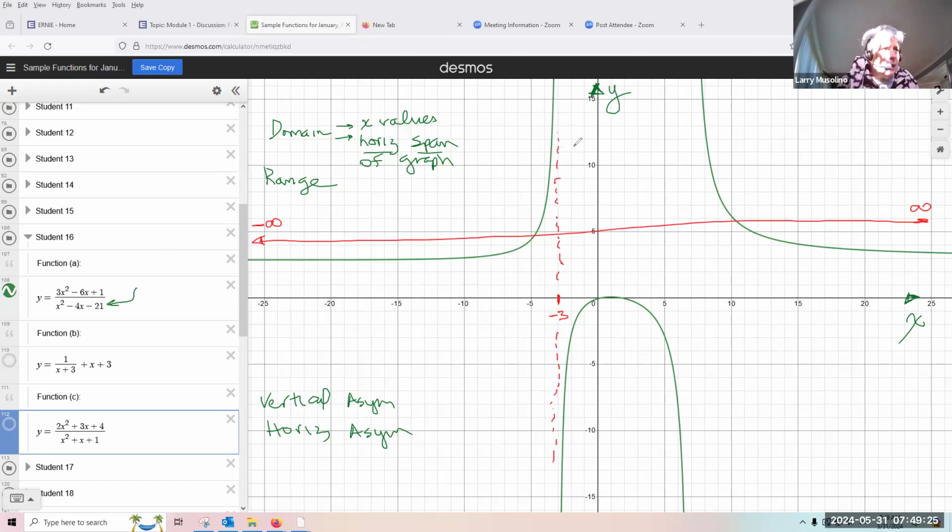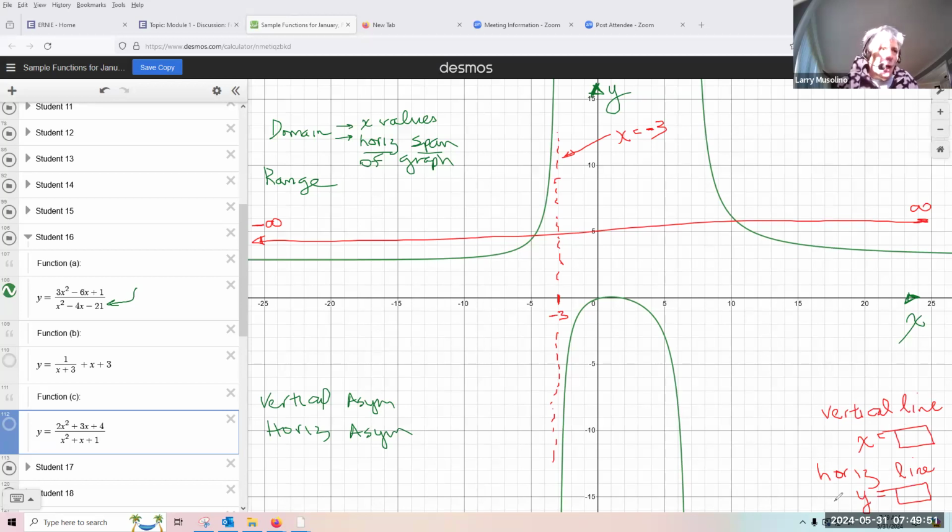This red line I'm drawing is the line x equals negative 3. Anytime you want to write the equation of a vertical line, any vertical line is going to look like x equals a number. How about a horizontal line? The equation of a horizontal line is always y equals a number.